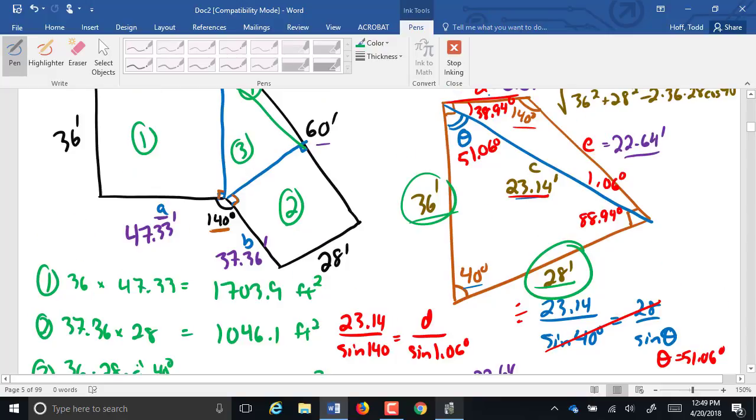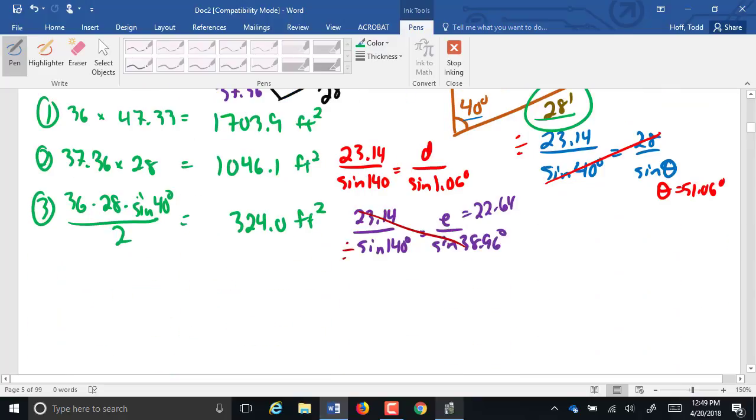And the fourth one here will be the 0.67 times 22.64 times the sine of 140 over 2.